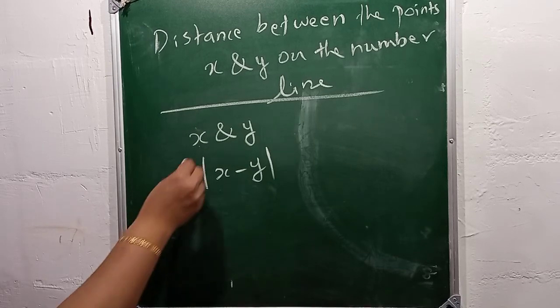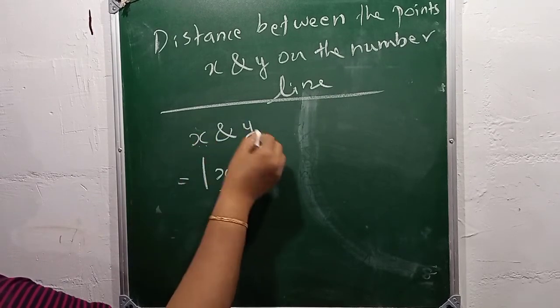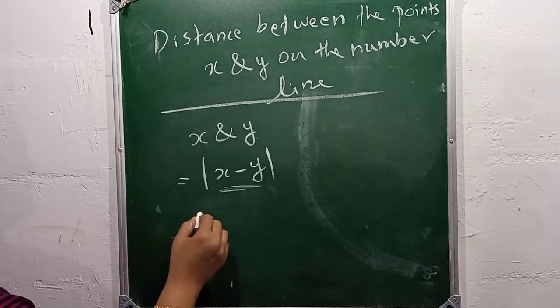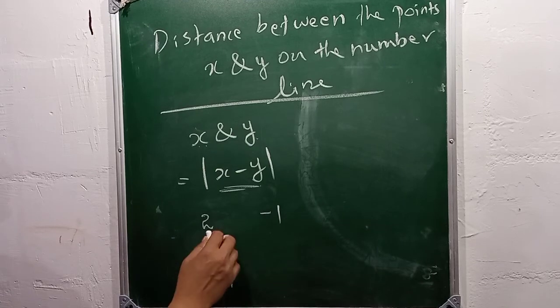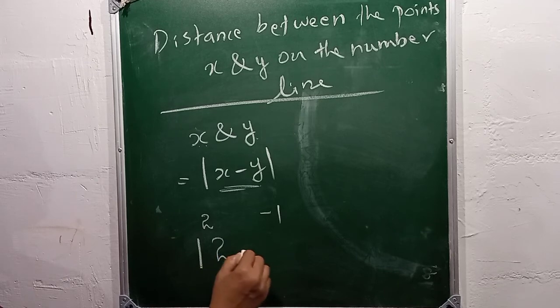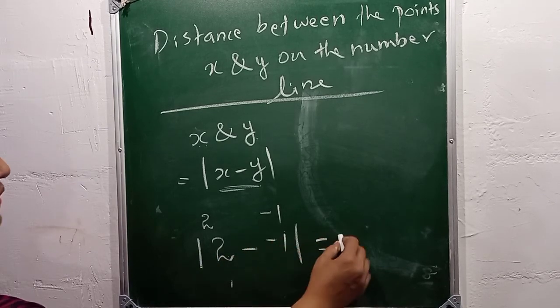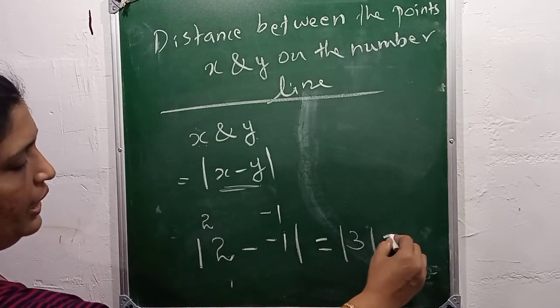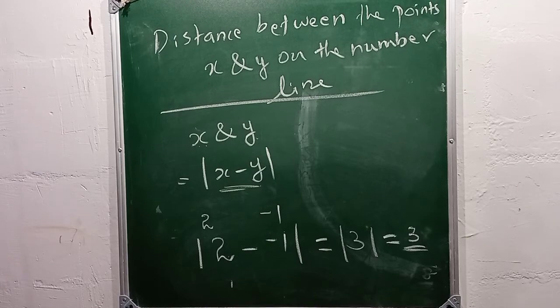For example, the distance between the points 2 and negative 1 is equal to modulus of 2 minus minus 1. That is, 2 minus minus 1 is equal to 3. What is mod 3? Mod 3 is equal to 3 itself.